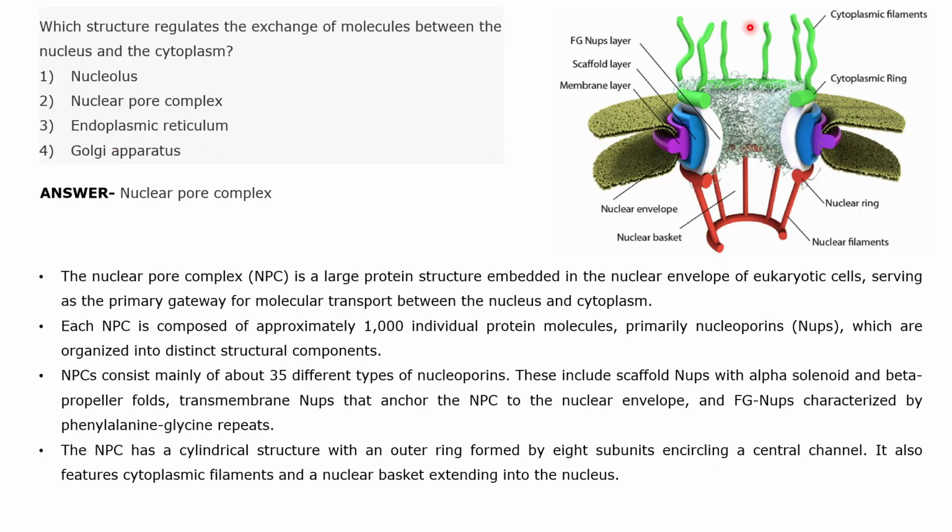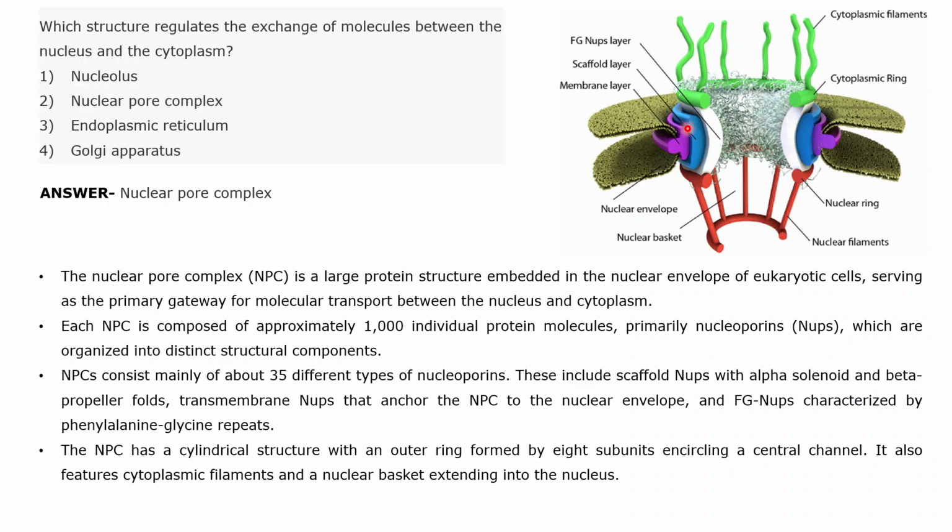So this is the diagram of a nuclear pore complex. You can see that it has a complex structure. It starts with the cytoplasmic filaments that extend to the outer end into the cytoplasm, and they have the tendency to interact with the cargo complex or other proteins present in the cytoplasm.